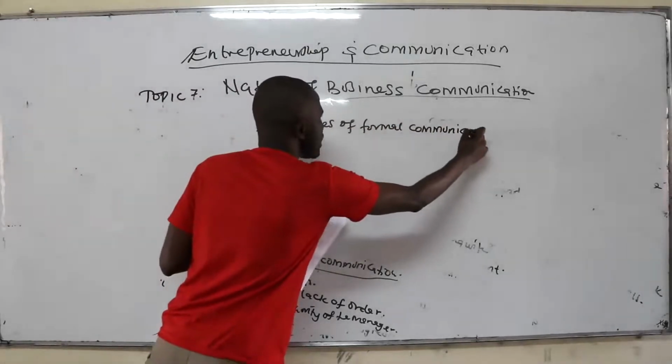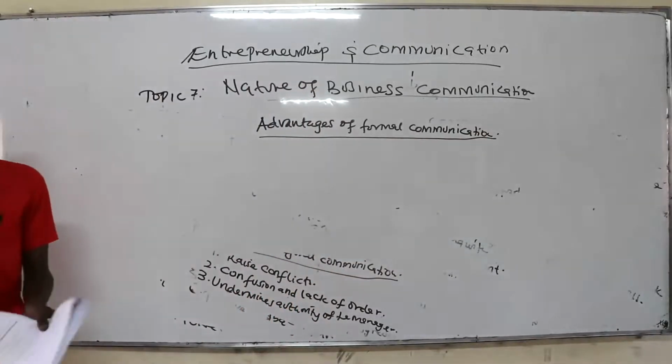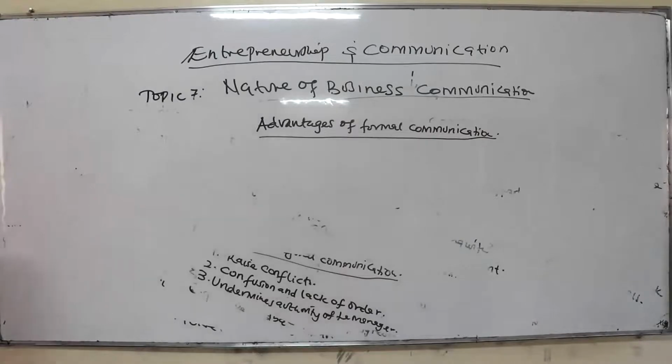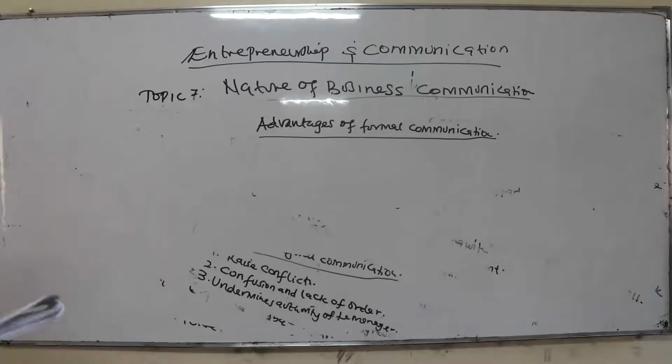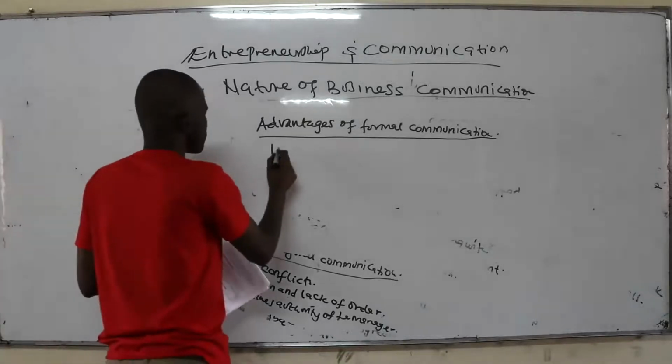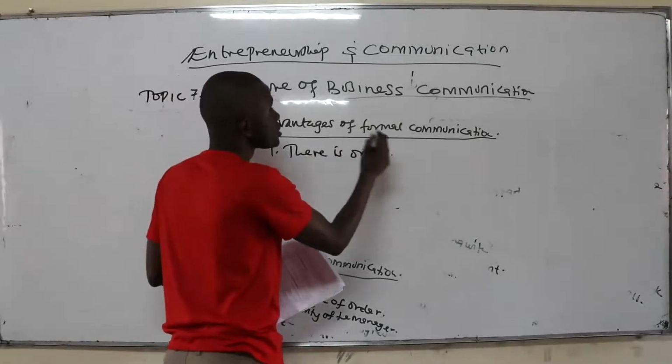Even though we've said diagonal communication is a formal communication channel, most of the problems that come with informal communication are more or less the same problems to do with diagonal communication. So in formal communication, there is order. And in exams, don't just write there is order.